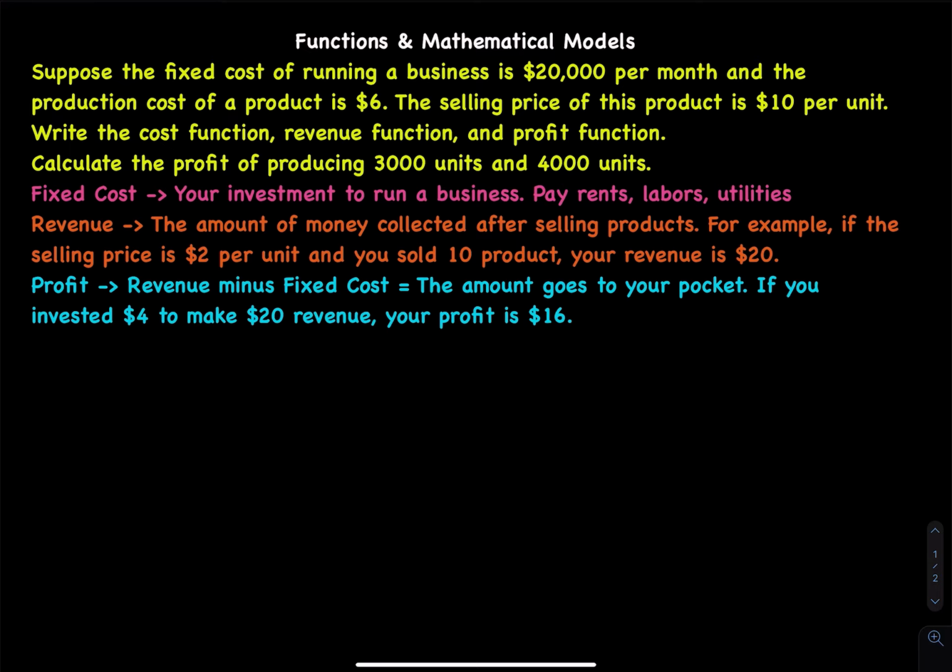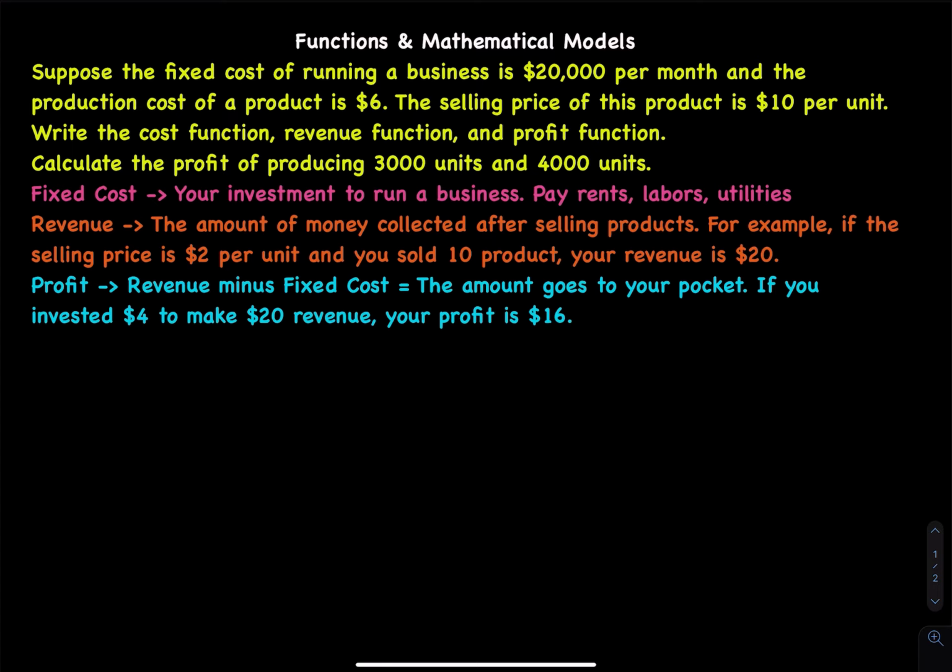Profit is revenue minus the cost. That is the amount that goes to your pocket. So if you invested $4 to make $20 in revenue, then 20 minus 4, your profit is $16. It is just that simple.